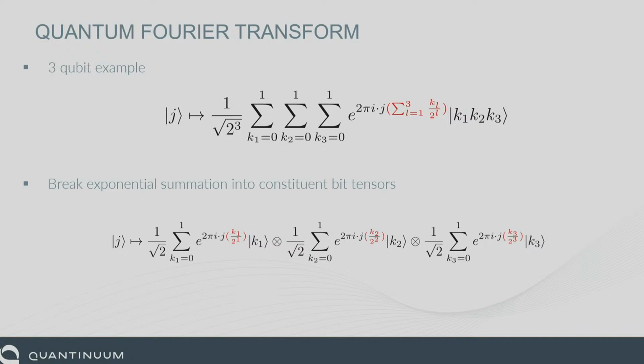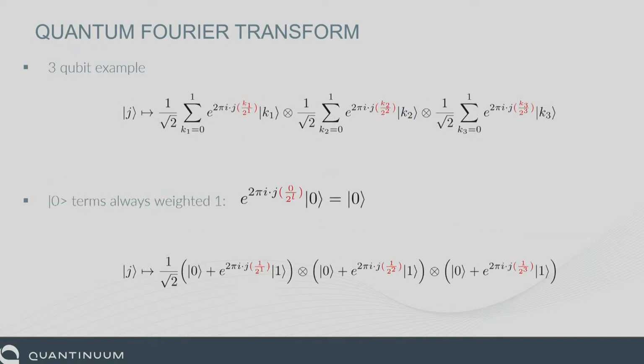I'll send you these slides. Don't worry about trying to understand it, but the main idea is that you break up the tensor product. You use the binary fraction notation to get the weight of this coefficient, then use that to break it into tensor products for each bit. Then you use this very nice idea that when k is 0, you have the exponential of 0, which is always 1.